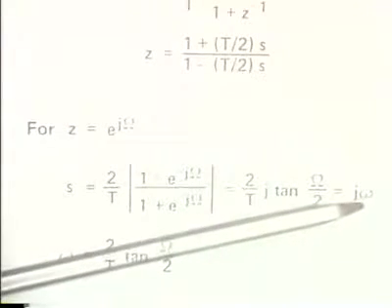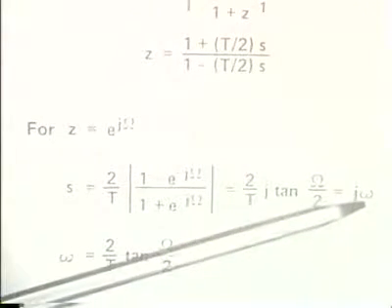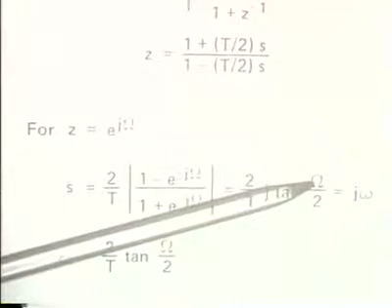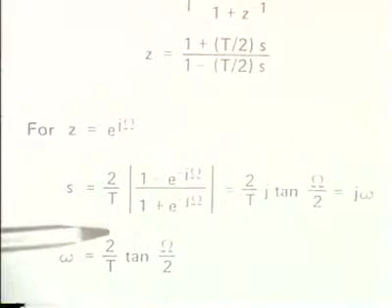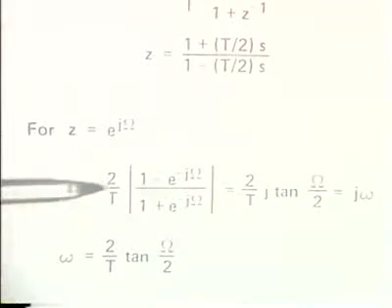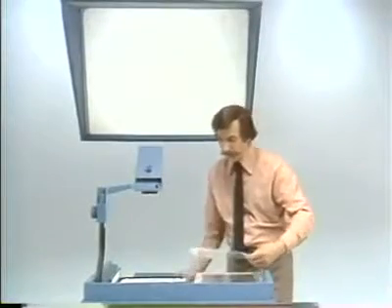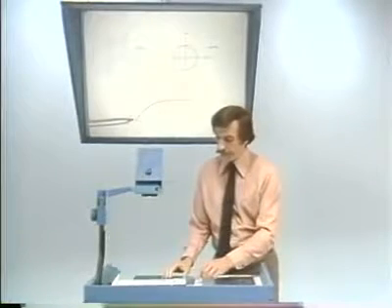Now, the mapping between the continuous time frequency and the discrete time frequency is a nonlinear mapping, which is given by the algebraic expression that I indicate here. And if we plot this mapping, what we have is this curve.